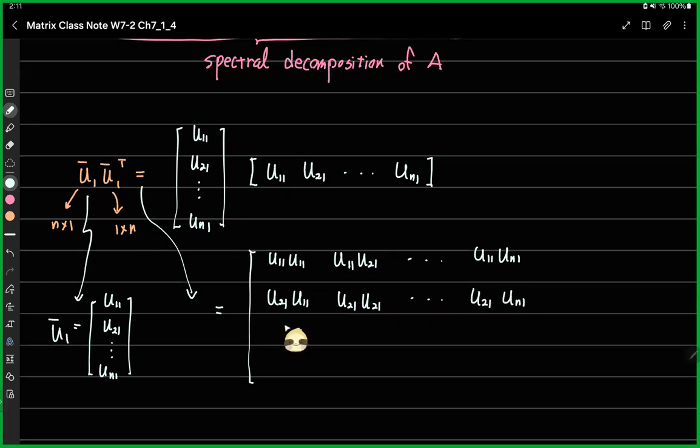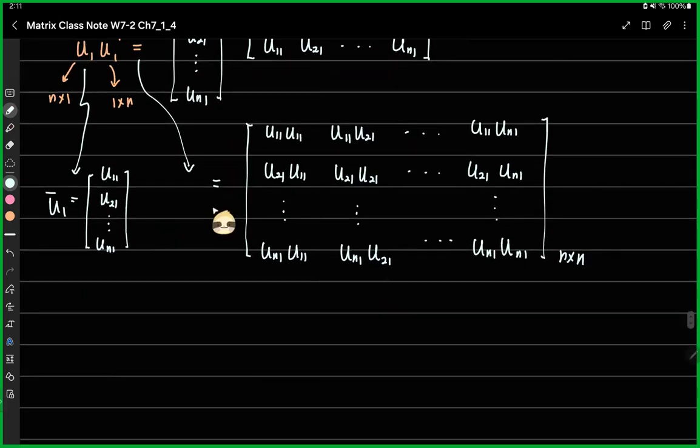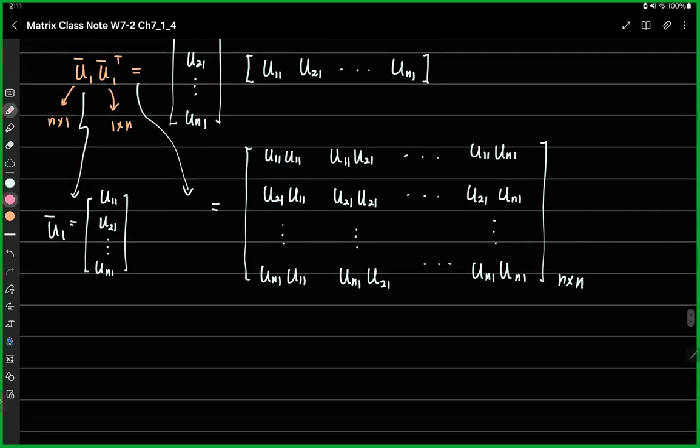The last row is UN1 U11, UN1 U21, through UN1 times UN1. It's an n by n matrix. By the way, that is called the projection matrix. Why?